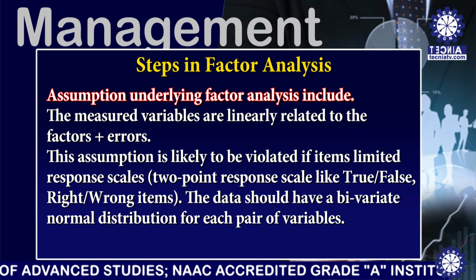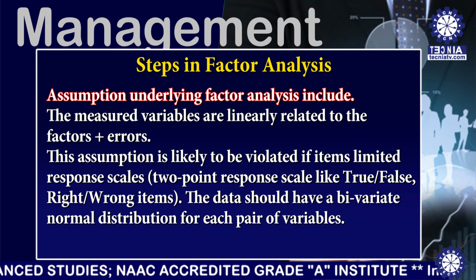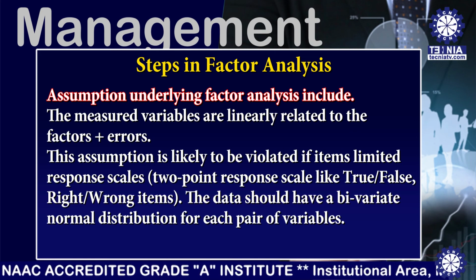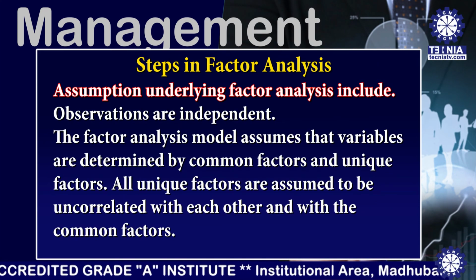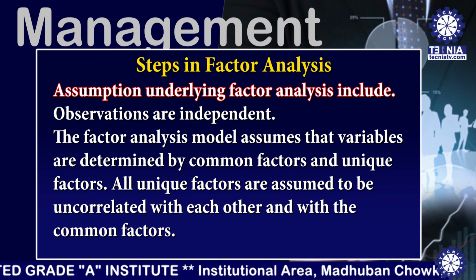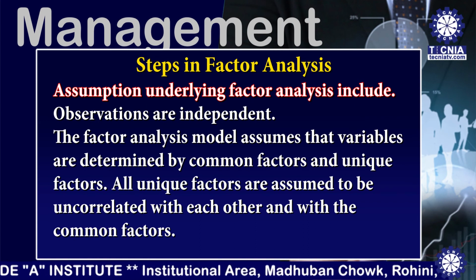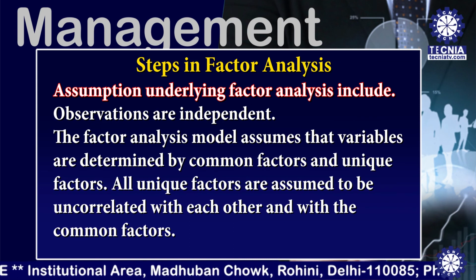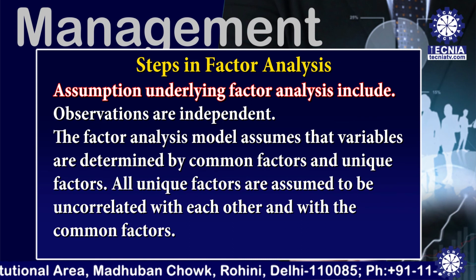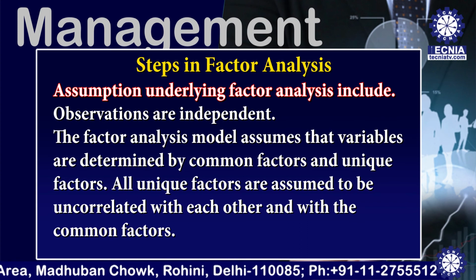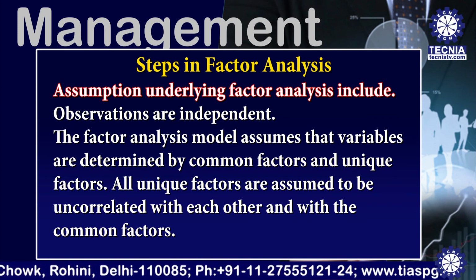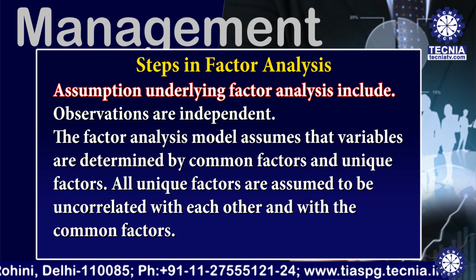The data should have a bivariate normal distribution for each pair of the variables. Observations are independent. The factor analysis model assumes that variables are determined by common factors and unique factors. All unique factors are assumed to be uncorrelated with each other and with the common factors.